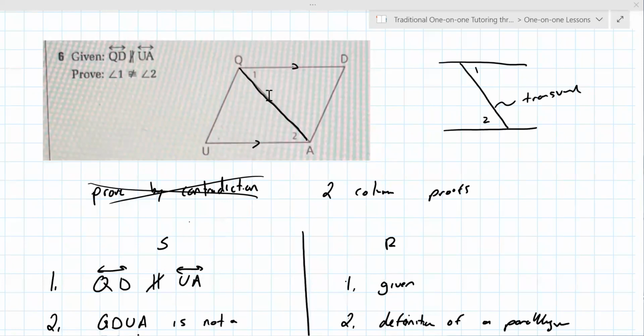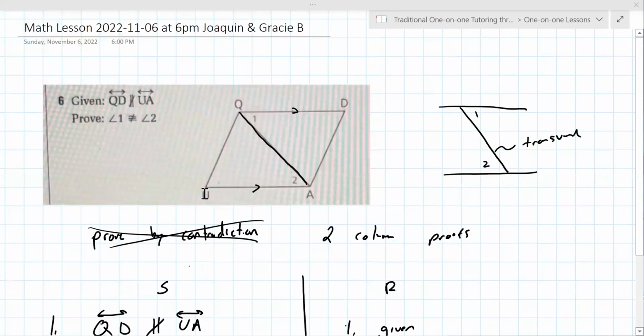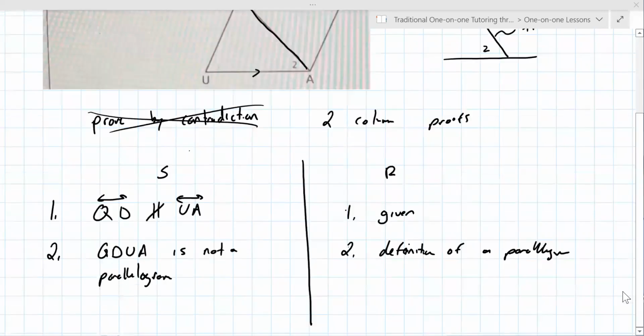Since the triangles are not congruent, the angles are not congruent either. So I think that's probably the direction I would go in this proof. I basically proved that the triangles are not congruent, and if the triangles are not congruent, then CPCTC does not apply in this problem. Okay.